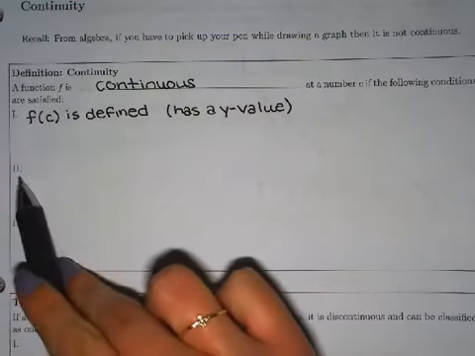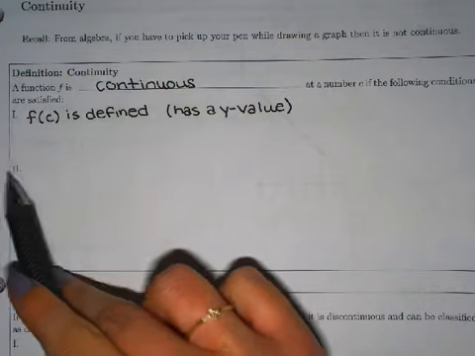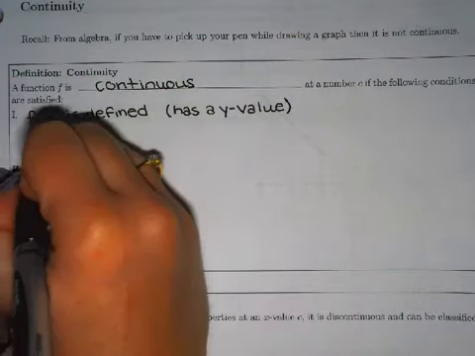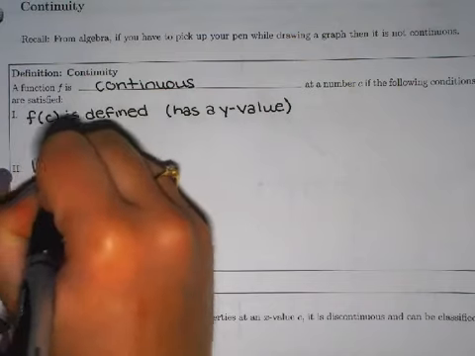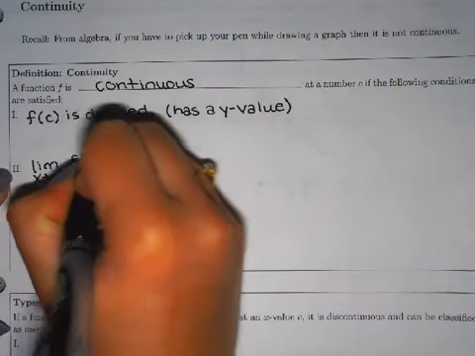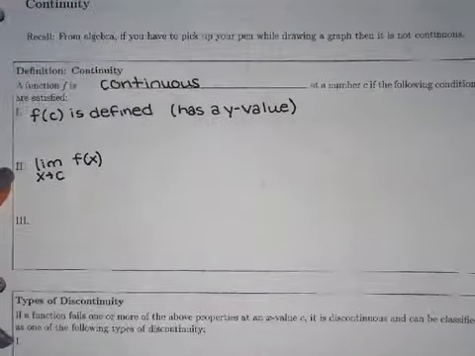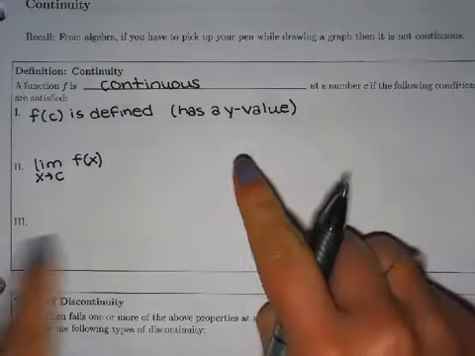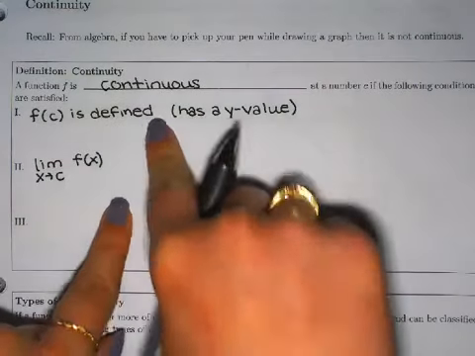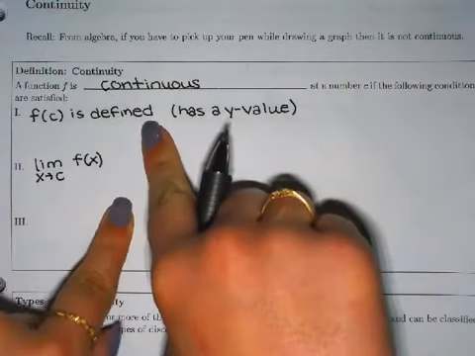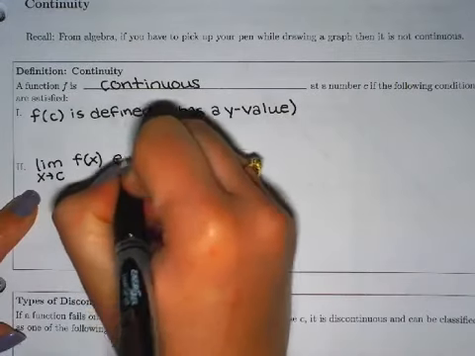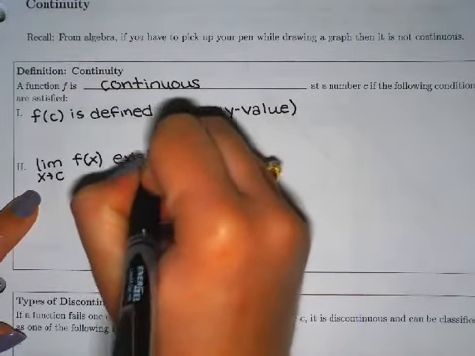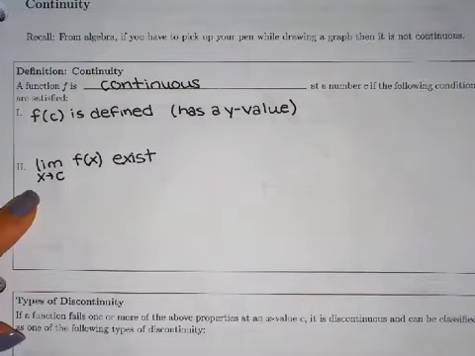You're good to go. The second thing that you would check to see if something's continuous is if it has a limit as x approaches c of f of x. That limit, in order for it to be continuous, has to exist. Think about it. If you come in from the left and the right and you get to two different numbers, then it's definitely not continuous. So this limit has to exist. You have to get to the same number from the left and the right in order to be continuous.